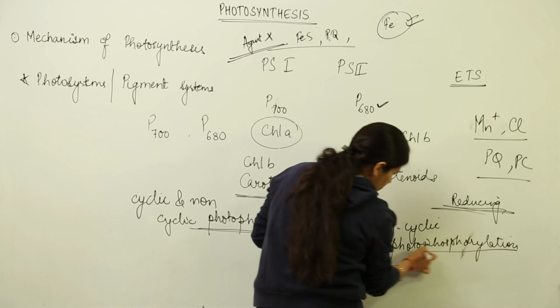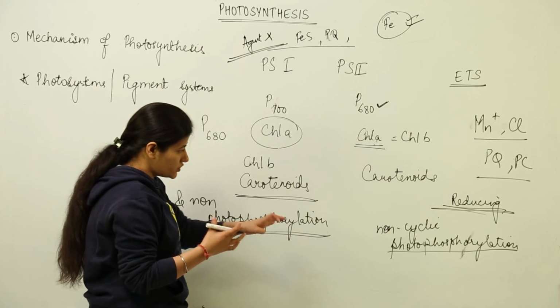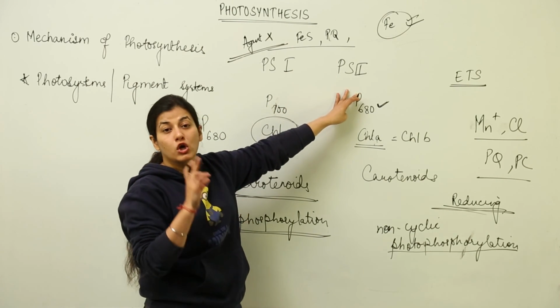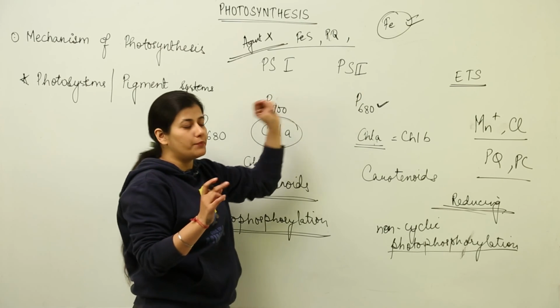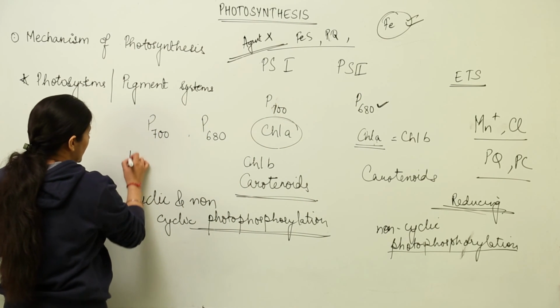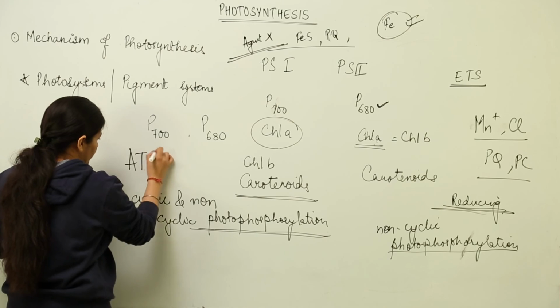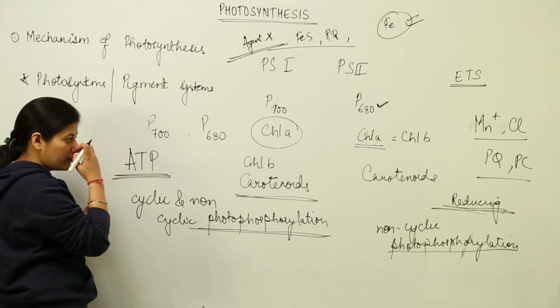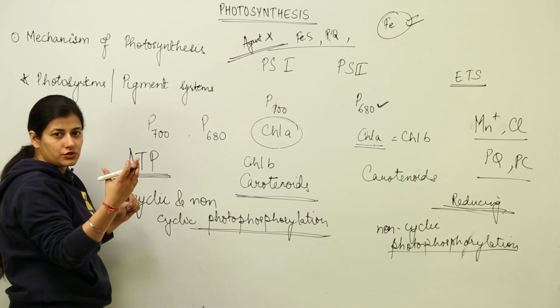Now remember this. For your subsequent lessons, what you have to remember is that these two pigment systems would be involved in the process of ATP formation. Somehow we are reaching step by step to the formation of energy.